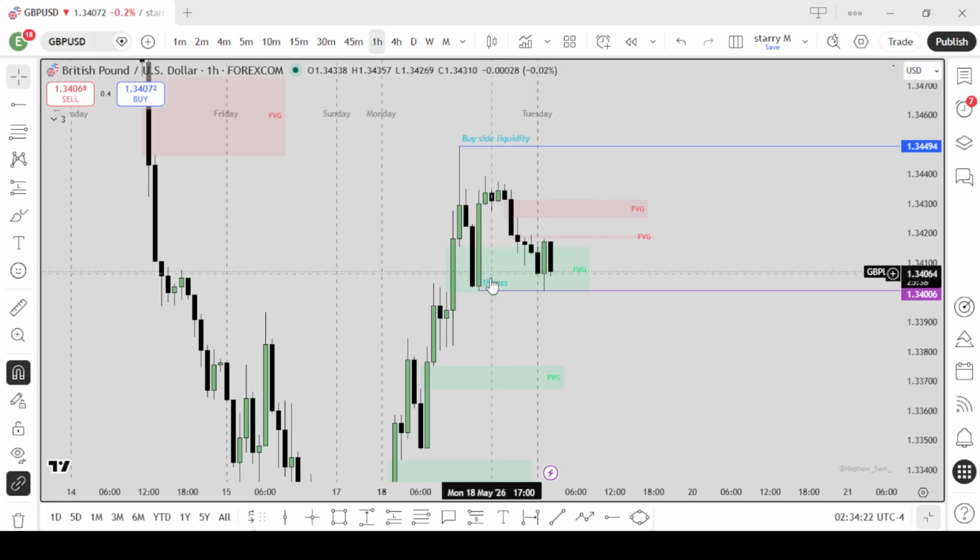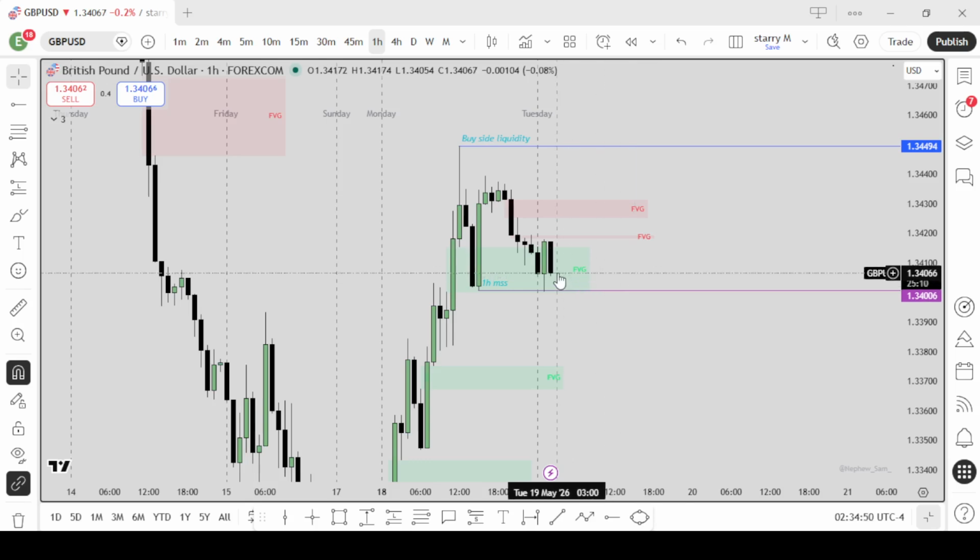Let me just stick to this 1 hour. This one seems like it has shifted, but I would like to see a more visible wick, not touching and then going back. I want to see it drop down to show me it has momentum and intent of changing structure.